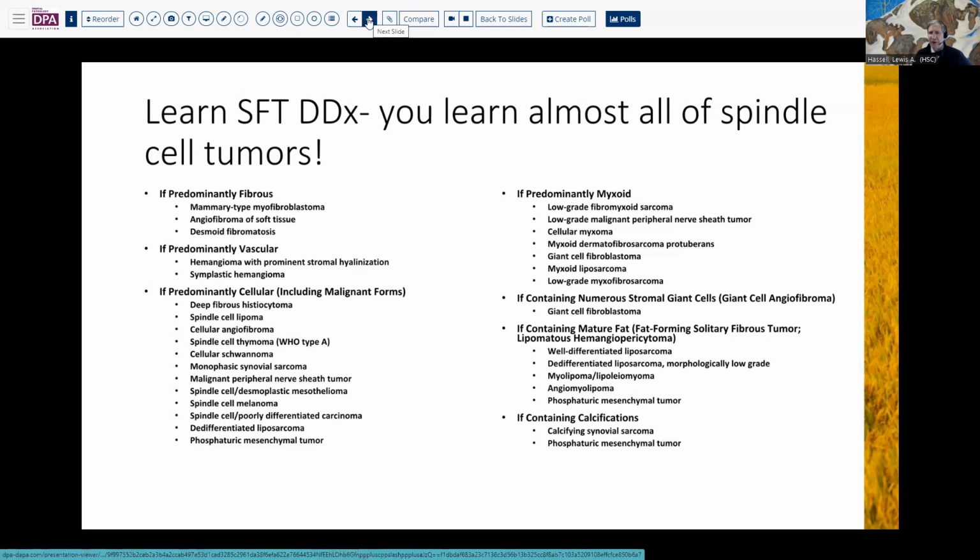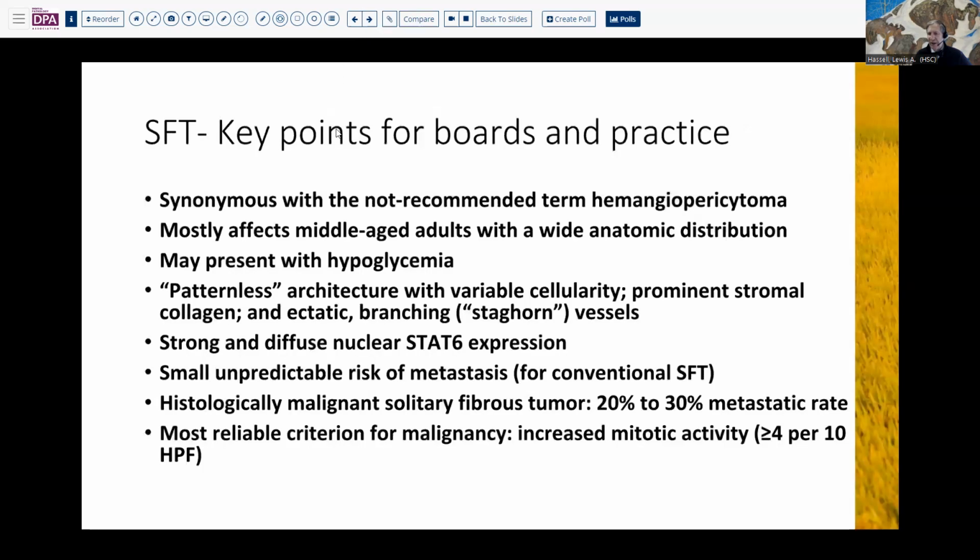And this is, of course, particularly important with needle biopsies or small biopsy samples. So let's look at some of the spectrum of the disease as we think about this. If we do have a malignant lesion, it is important to remember that 20 to 30% of those can metastasize. And the criterion for malignancy is mitotic activity greater than 4 per 10 high power fields.